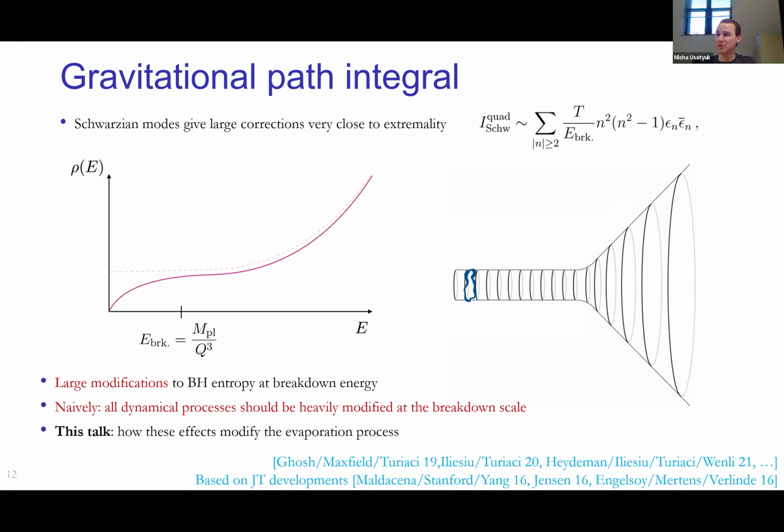So there's no hard and fast rule, but I would say that you should trust this answer while the number of quantum states is still exponentially large in big Q. So what that means is the energy can get exponentially close to extremality in big Q, but you shouldn't formally trust it exactly at E equals zero.